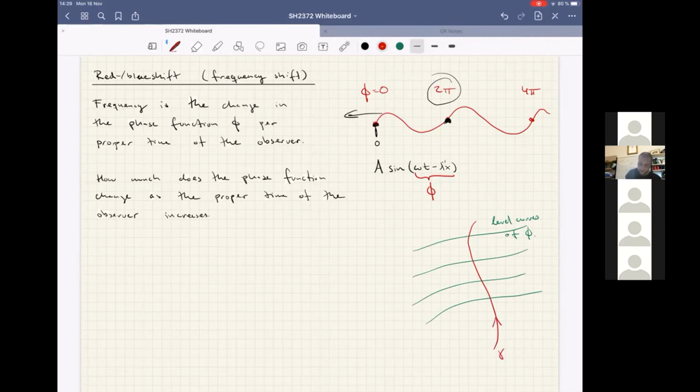And so the question is, when I change the proper time here, what is the derivative of phi? So phi dot, which is d phi d tau, that is what I'm going to define as the frequency of this wave.